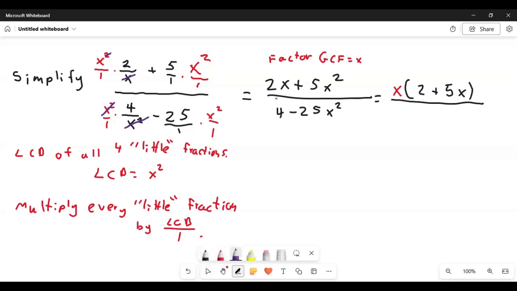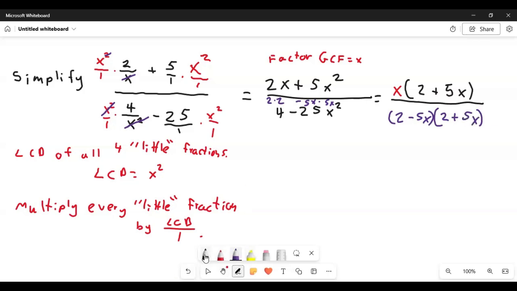But the denominator, remember that 4 is technically a 2 times a 2, and negative 25 is a negative 5x times a 5x. It's a difference of squares, just like it was the first time we did it in the other method. Factor to get 2 minus 5x times 2 plus 5x.